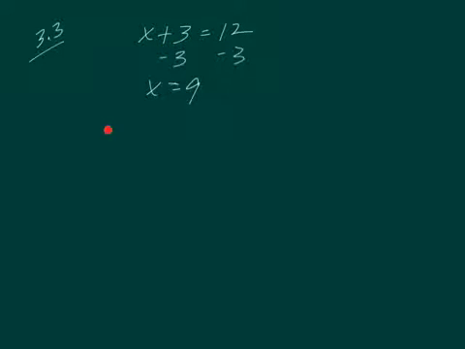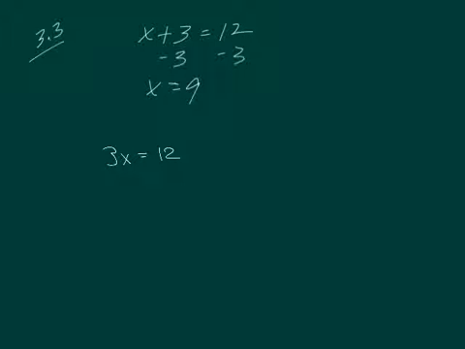When we have a times, so 3x equals 12, again, we're trying to isolate the x. We're trying to get it by itself. So we're trying to get rid of that 3. Well, the only way we can get rid of the 3 is to divide both sides of the equation by 3.